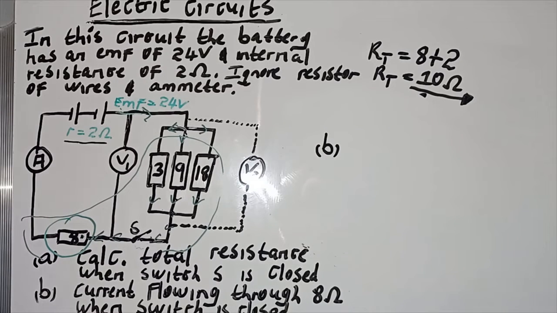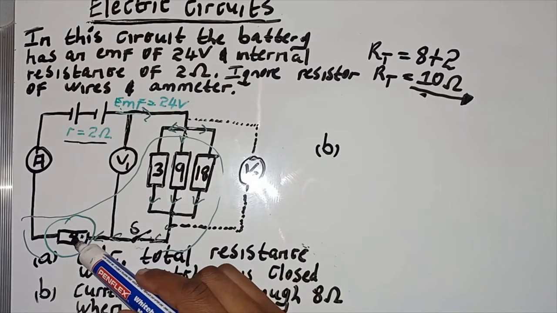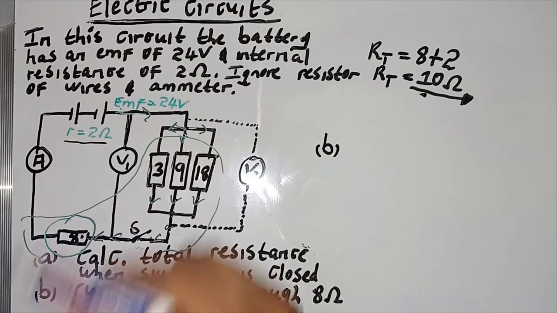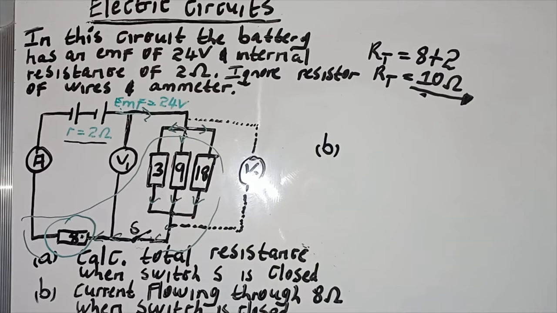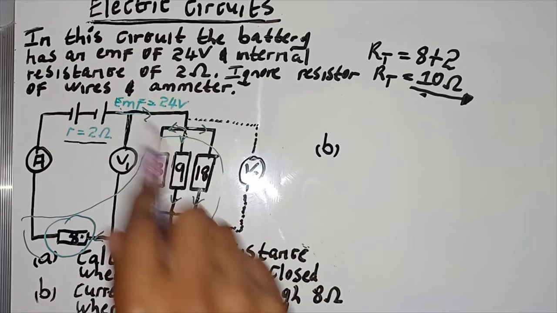Okay, so for number B, we have to calculate the current flowing through the 8 ohm resistor when the switch is closed. Okay, so as all of you guys can see, the 8 ohm resistor is in series with the cells. It means that the current that is going to flow in this resistor is the same as the total current of the circuit.